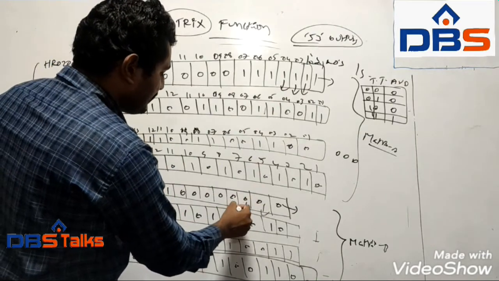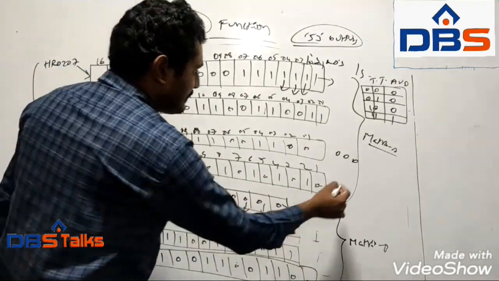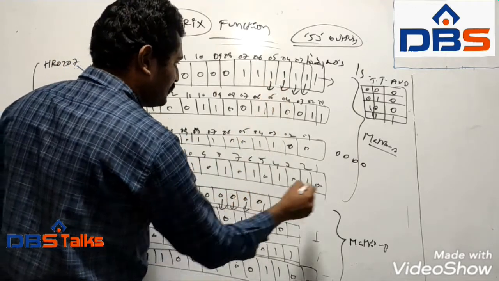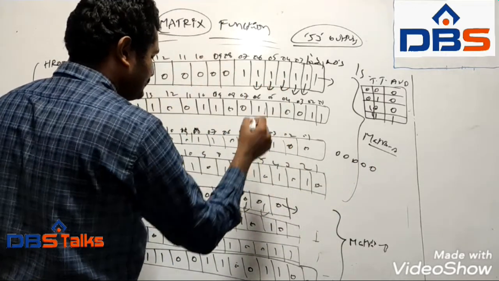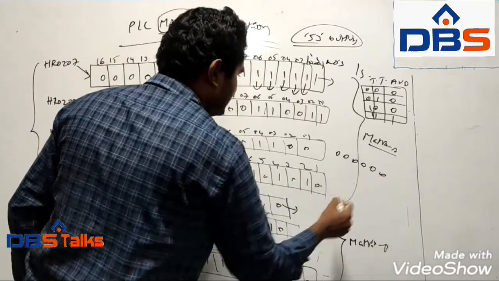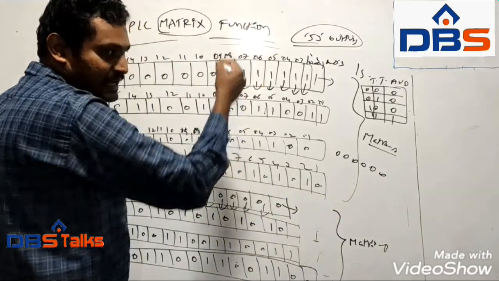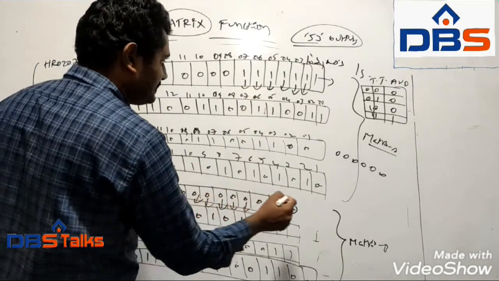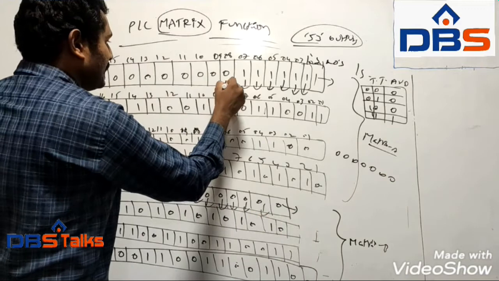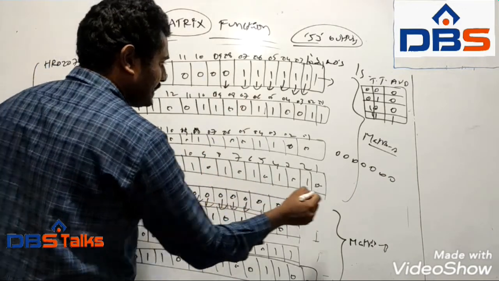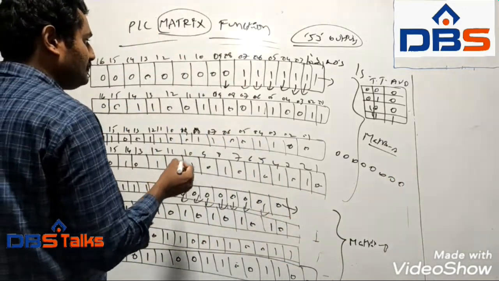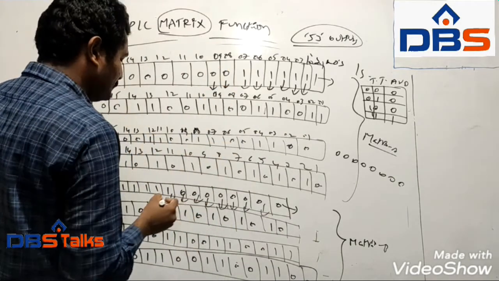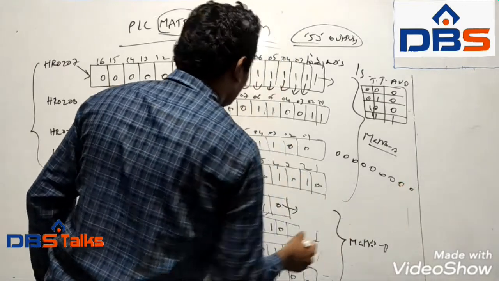Here the bit value is 0 in matrix B, so the value comes to 0. Similarly 1 and 0 will give 0, and 1 and 0 will give 0. Like this we have to calculate the resultant matrix C. Here the value is 1, here the value is 0, that is 0, and 0 and 0 will give 0, and here we have 0 and 1, which will again give 0.